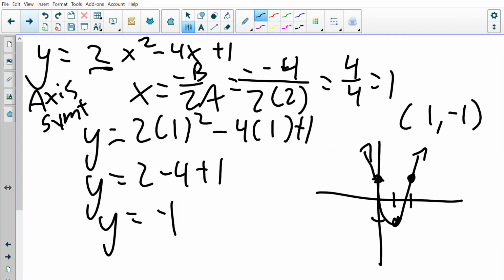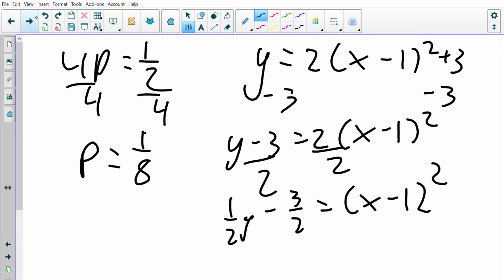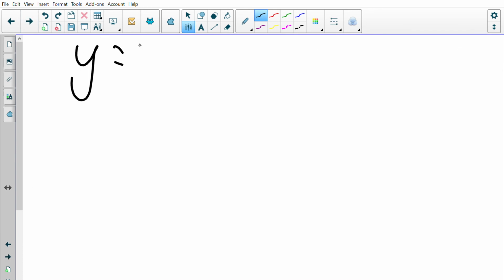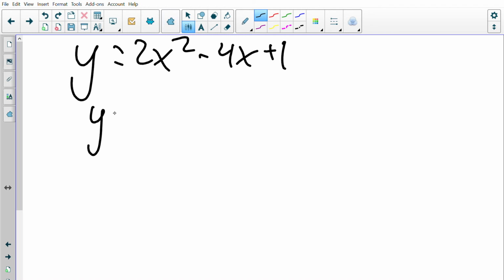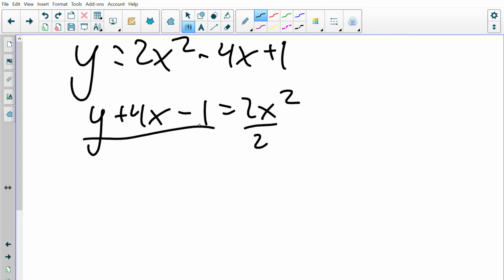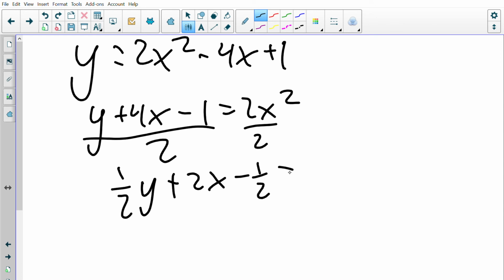Okay. So doing our next one, we had y is equal to 2x squared minus 4x plus 1. So I'm going to get the squared all by itself on one side. So I have y plus 4x minus 1 is equal to 2x squared, divide everything by 2. So I have 1/2 y plus 2x minus 1/2 is equal to x squared.